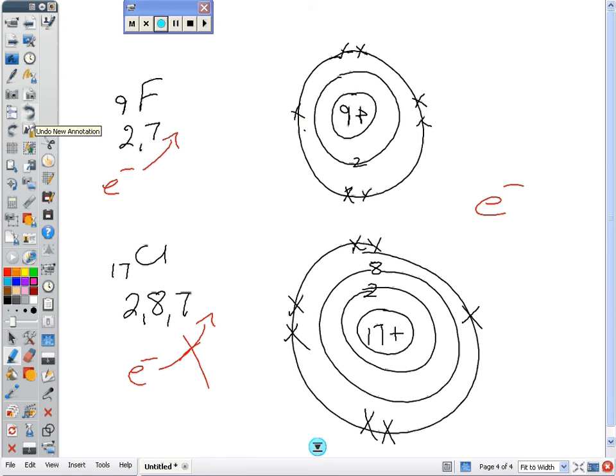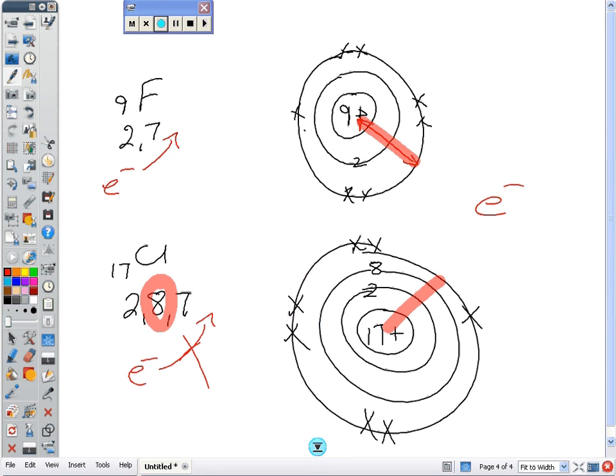And remember that chlorine has 1 extra shell, whereas fluorine only has 2 shells, chlorine has 3. So it is the distance between the nucleus and the outer shell in fluorine compared to the distance between the nucleus and the outer shell in chlorine.